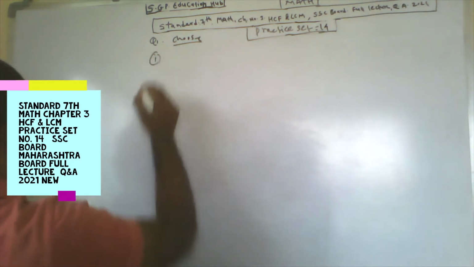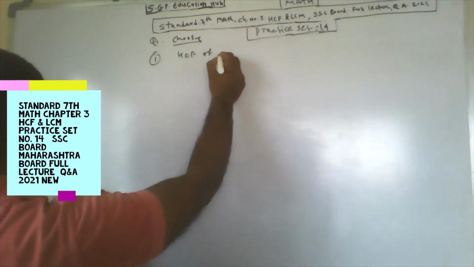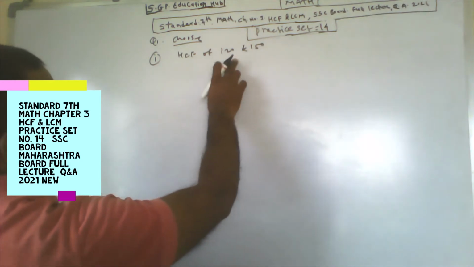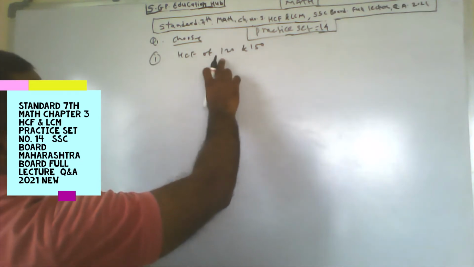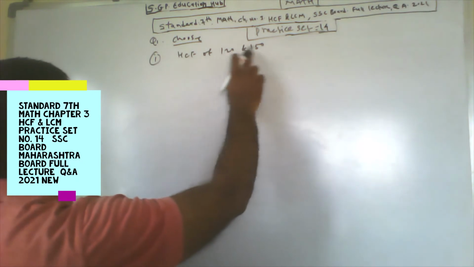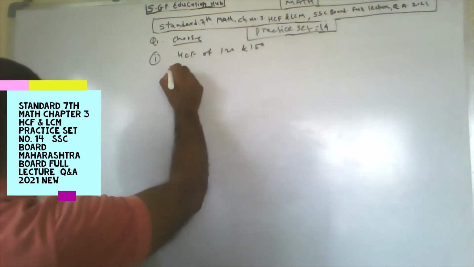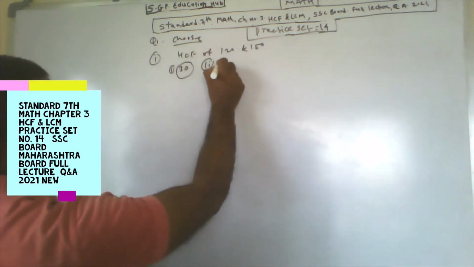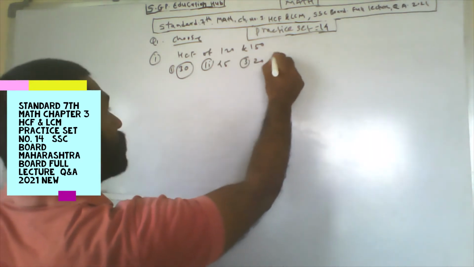Number one is the HCF of 120 and 150. The options are 30, 45, 20 and 120.